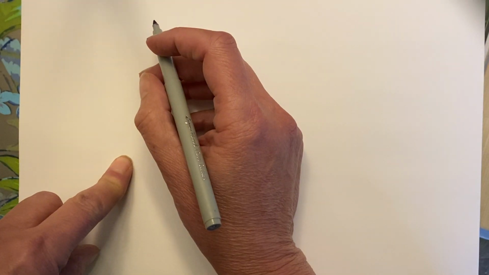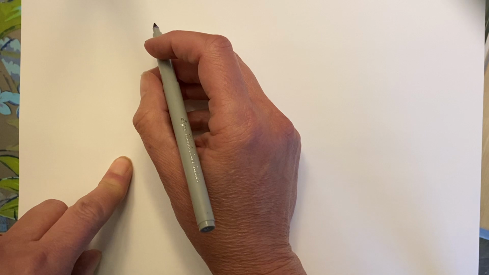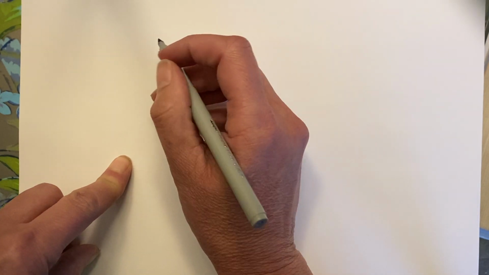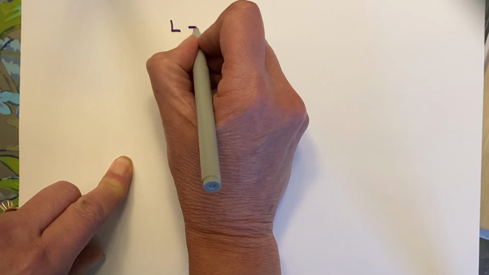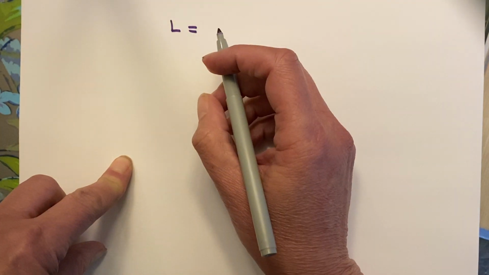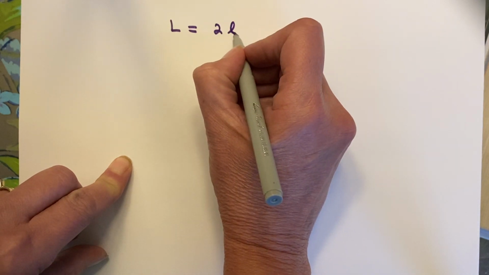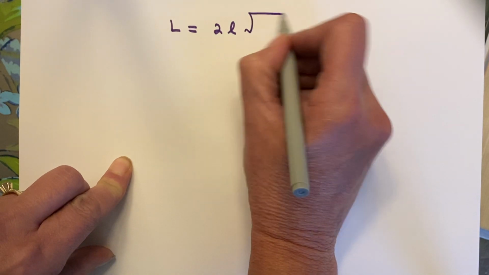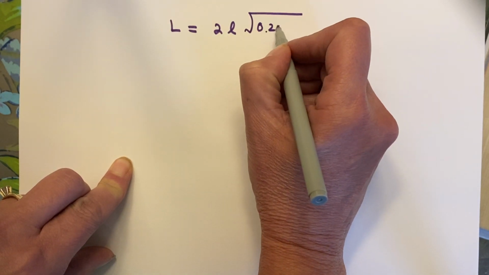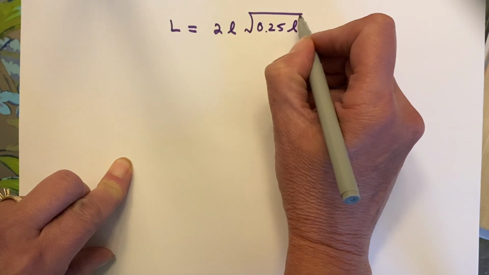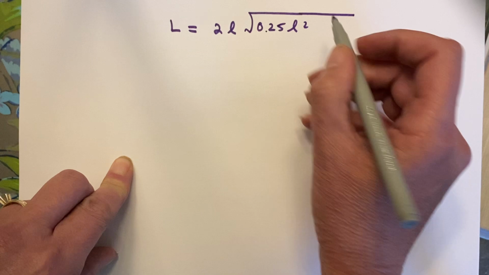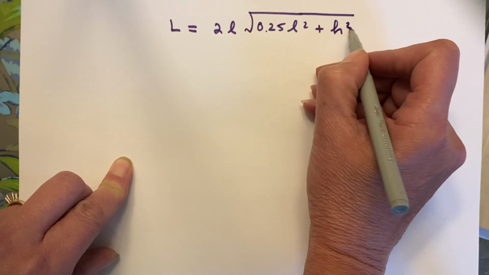And that is when the problem says the lateral surface area of a square pyramid with a height h, and you did this way back in pre-algebra last year, is given by L equals 2L, which is the base length, square root of 0.25 L squared. So again, that's the base length of a square pyramid, plus h squared.